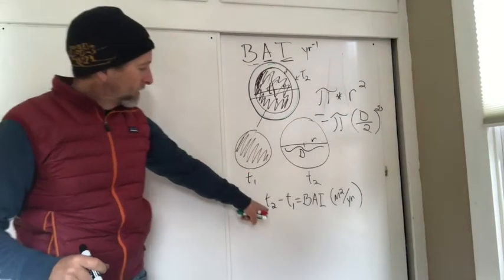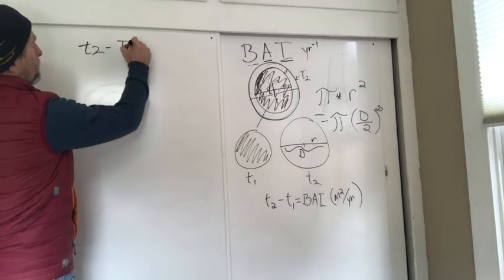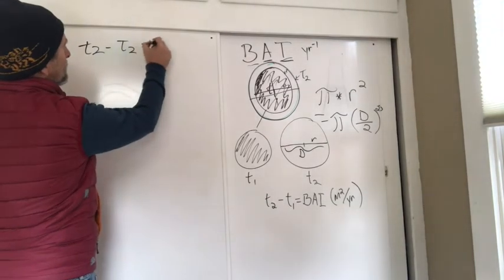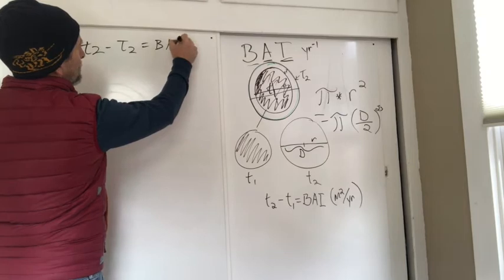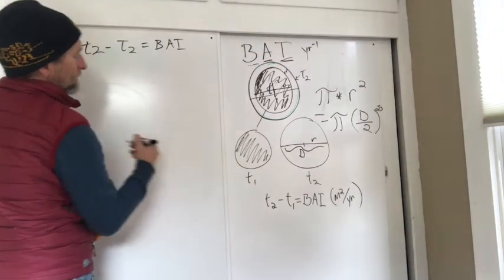So one way to think about this equation is we're just simply calculating this area using diameter, and we're subtracting this area. So let's take this T2 minus T1 area equals BAI, and let's blow it up a little bit. This is really, let's take T2, for example.